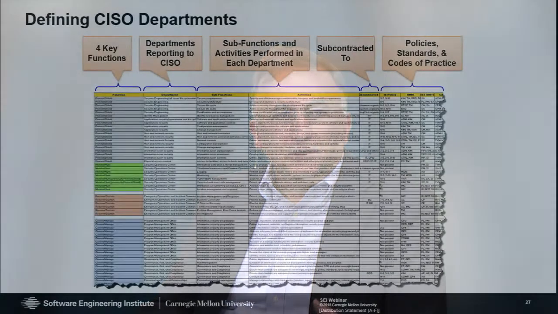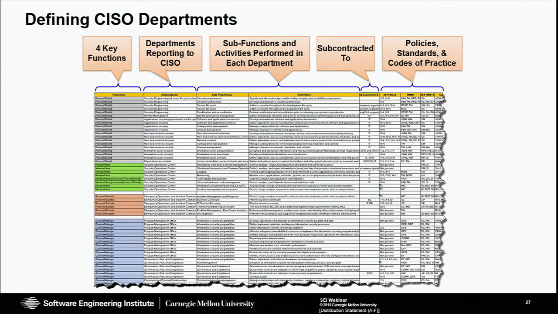And then we double-checked our work by making sure all of those good, well-practiced items that we had mined from those sources that Julia talked about are mapped and nothing had been missed.